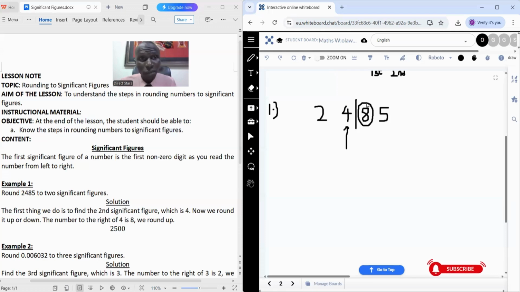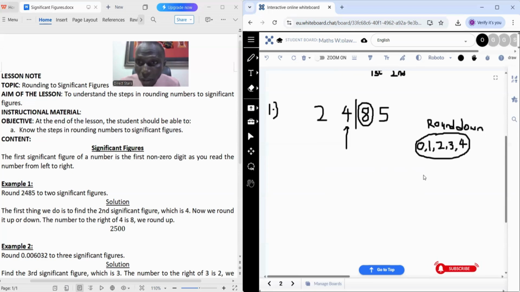Now you have to ask yourself, are you to round down or are you to round up? Now, if we have 0, 1, 2, 3, 4, if you have these numbers, then you have to round down.